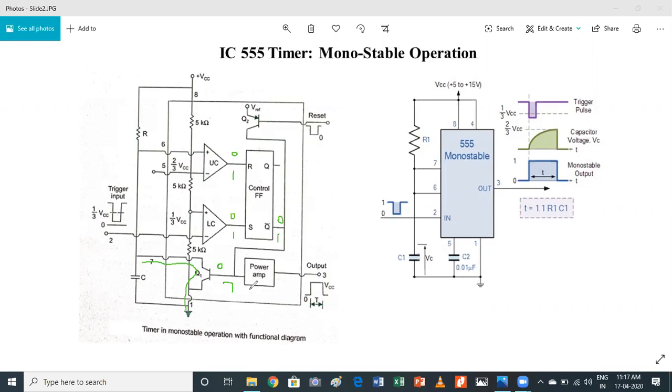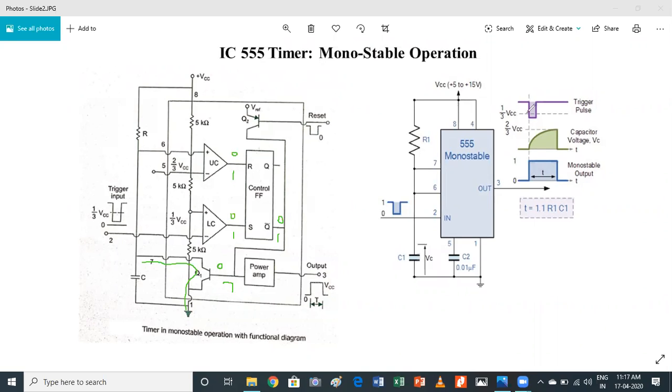So again the same. Whenever we apply the input trigger, it is going to produce the pulse width. So this is called stable state and this is called unstable or quasi-stable state. So the monostable circuit always remains in the stable state.